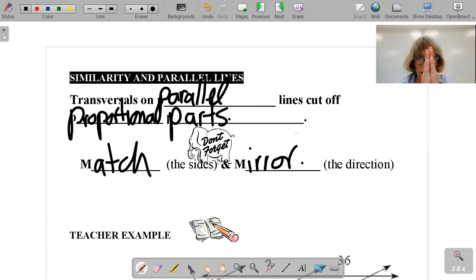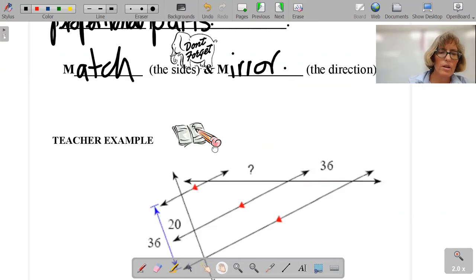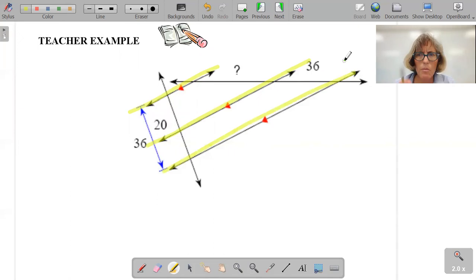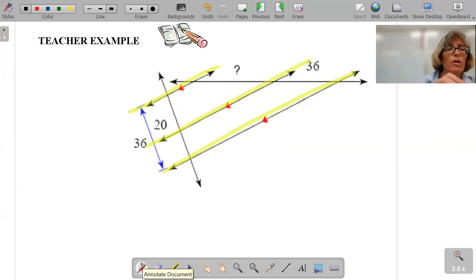Remember, it's all about matching and mirroring. So here we have a set of parallel lines. Just get in the habit of always tracing parallel lines. That just establishes in your brain your landmarks. And all you have to do is match the proportional parts. That's very, very important. So color code or squiggle.